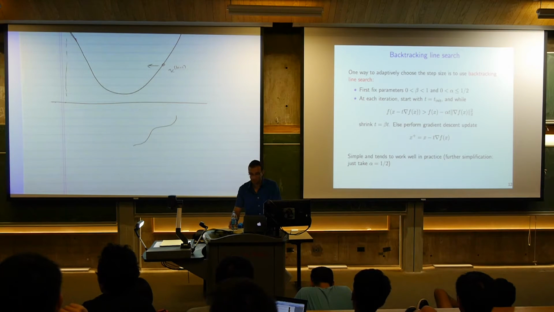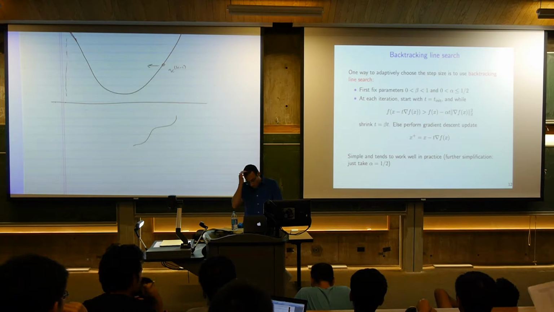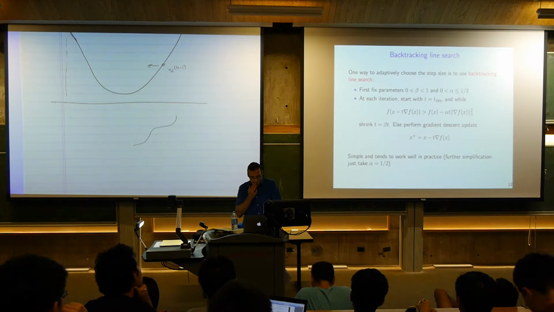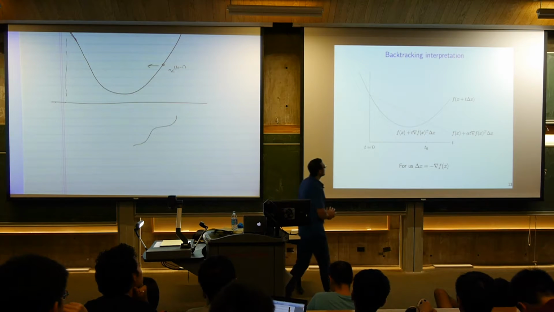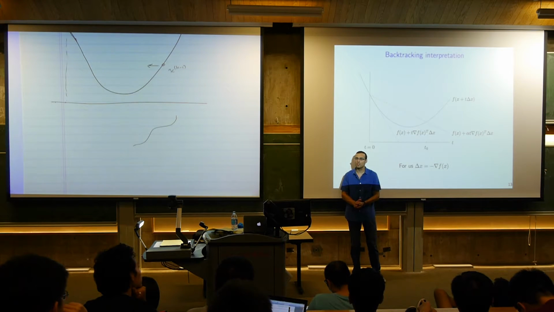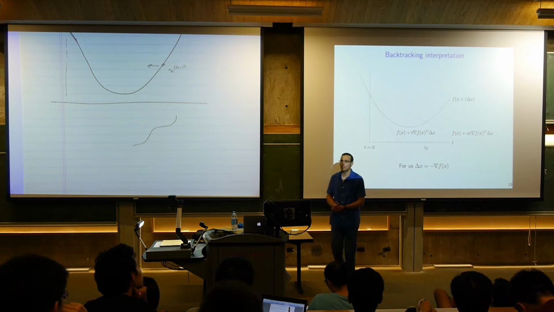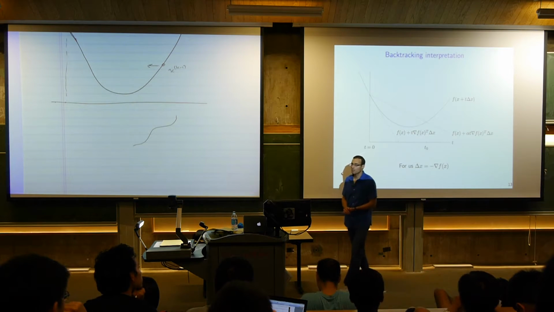Yeah? Why do you choose alpha to be less than or equal to a half? That's a good question. The best answer to that question comes from the convergence analysis. If alpha is chosen to be larger than half, then it's not clear that backtracking will give us a convergent algorithm.